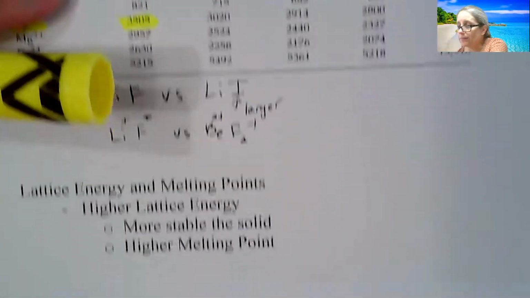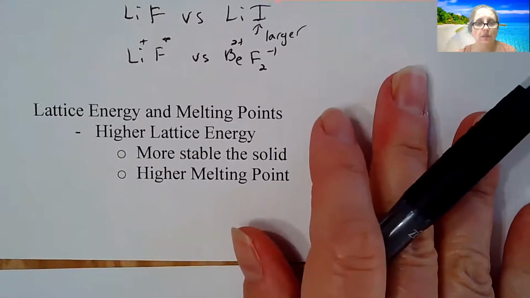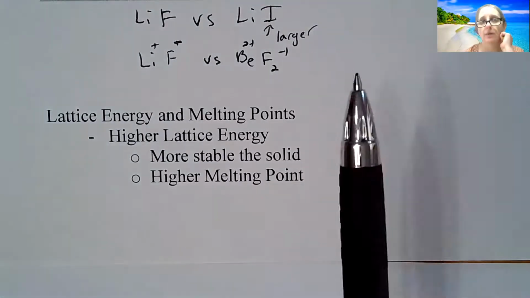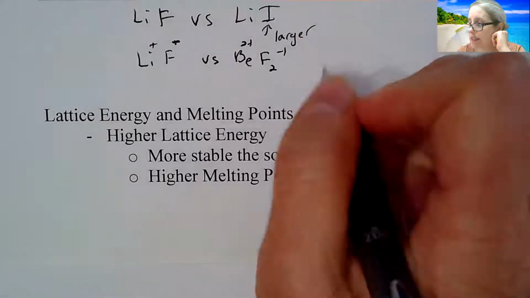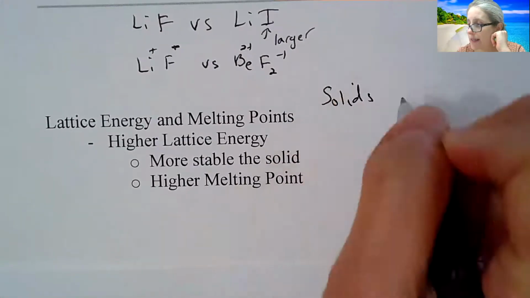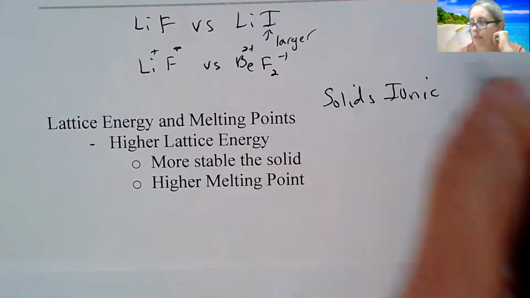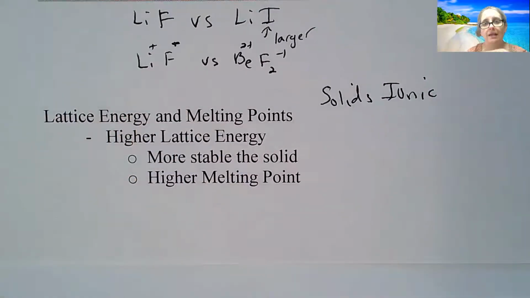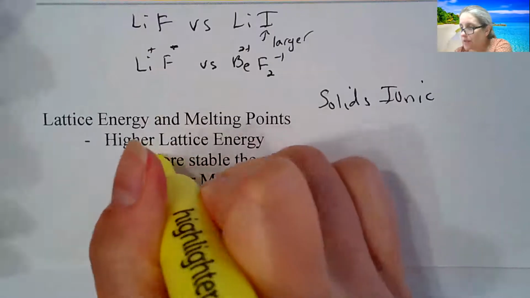So in general, lattice energy follows Coulomb's law. Because all of these are ionic solids at 25 degrees Celsius, the lattice energy is going to affect the melting point. The higher the lattice energy, the more stable the solid is going to be.